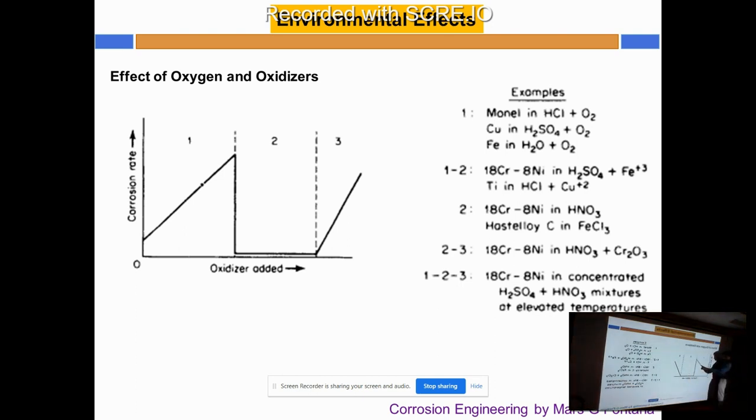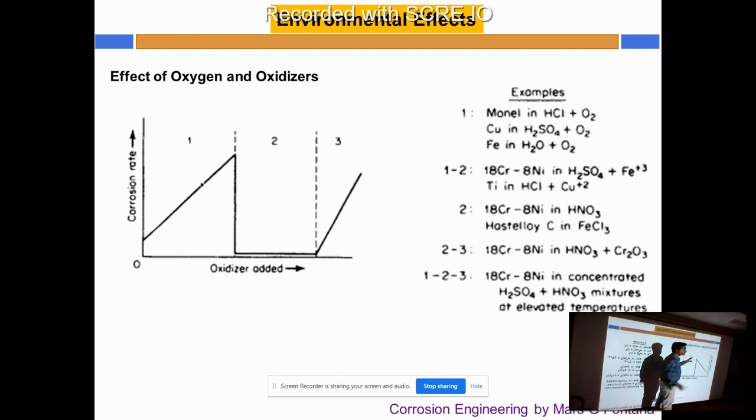The corrosion rate is increased. Fine. Let us say, for example, for some metals, after some time, it may become passive. Then suddenly the corrosion rate will be constant. There won't be any increase or decrease. It will be stagnant. But suddenly, if the oxide layer has been peeled off, the corrosion rate will again increase.